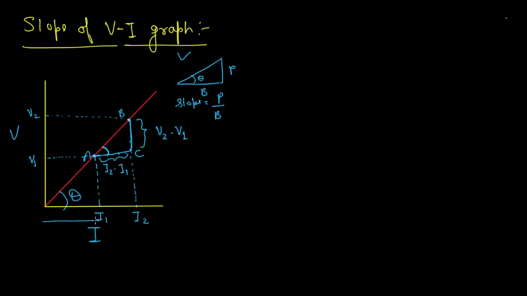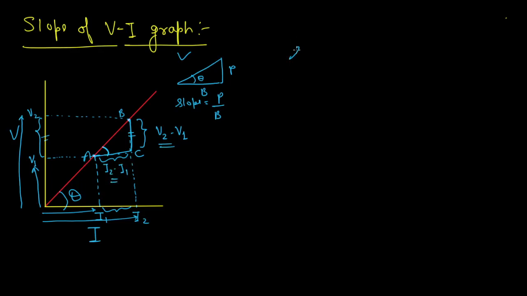First we need to understand this I2 and this I1 here. When we will subtract I2 minus I1, we will get this particular length. Similarly, here it is V2 up to this point, and here it is V1. When we will subtract V2 minus V1, we will get the required value of this particular length, and it is parallel to this particular side. So the BC will be here V2 minus V1, and AC will be I2 minus I1.